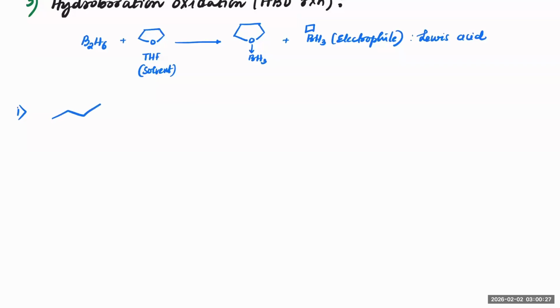The first step is we have a pi bond here, and you're treating that with BH3, which has an empty orbital. So what would happen here is the pi bond will try to feed onto the empty orbital, and this hydride will try to feed onto the carbon, which is becoming slightly positive. And that way you will notice a four-membered ring is formed here.